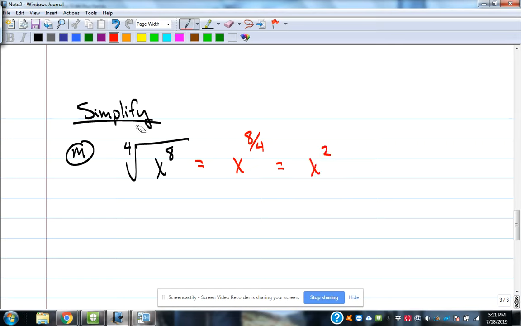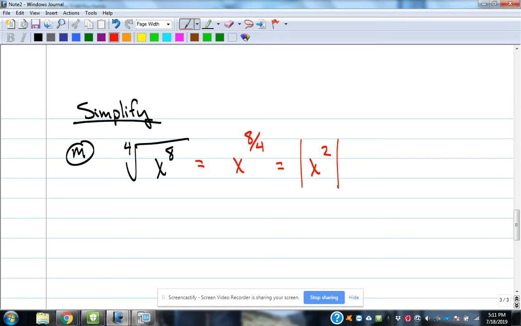And because we had an even index, we need to put absolute value marks around that because it divided out evenly and it was an even index. Absolute value marks don't happen with odd indexes at all, because odd indexes are third powers, and you can have negative answers in those.